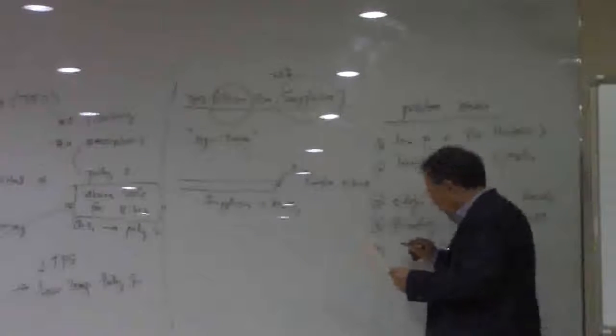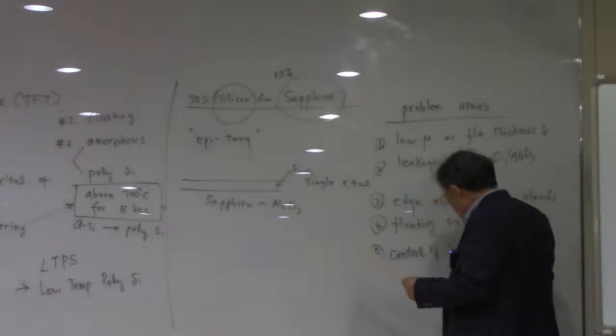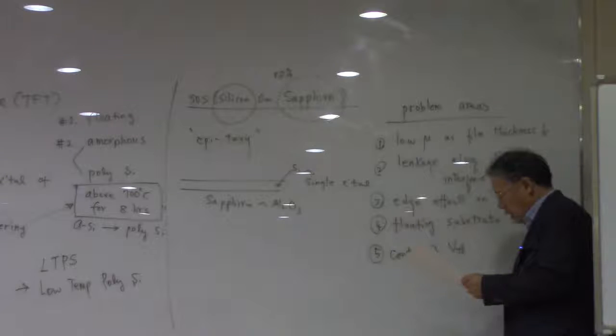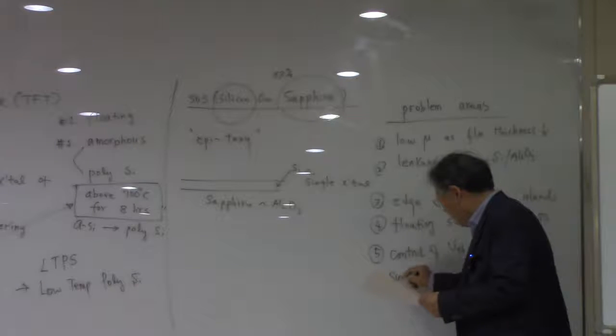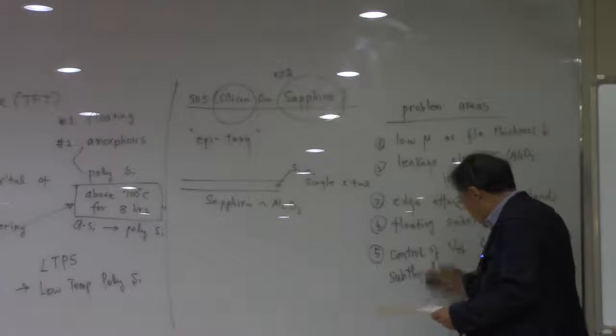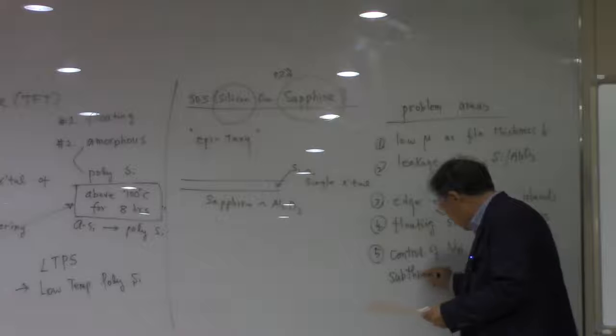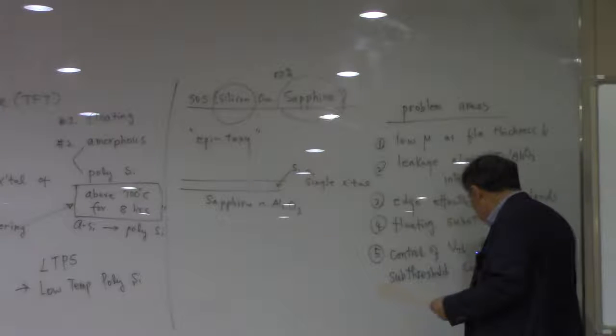So we call it floating. And then the control of threshold voltage and threshold current.